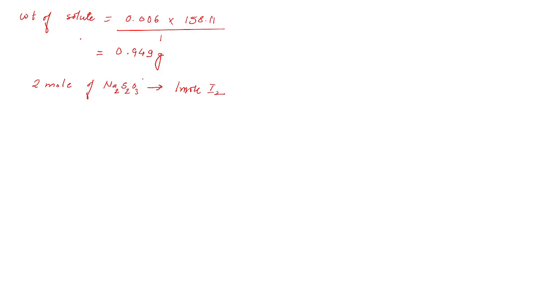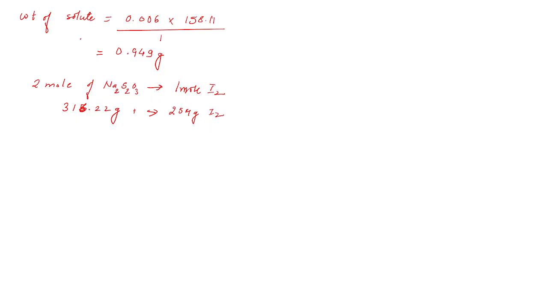Because we have it in grams, we can change this into mass. 1 mole means 158, so 2 moles means 316.22 gram of this reacts with 254 gram of iodine.